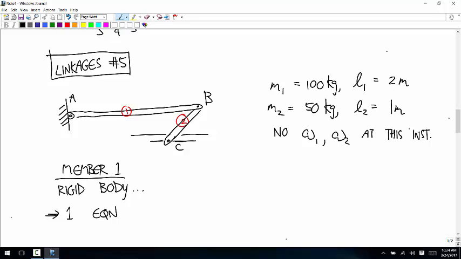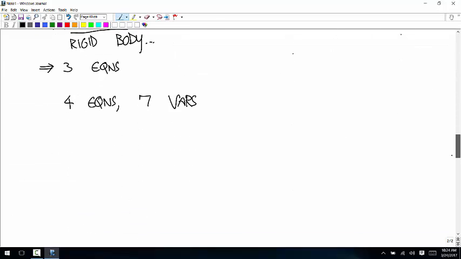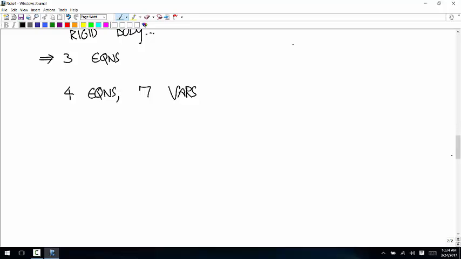And then this one, the only constraint says that there can't be any vertical acceleration. It can accelerate back and forth in that slot and just can't jump out of that slot. So 2 from point B and 1 from C. Yes. So let's just go through the constraint equations.